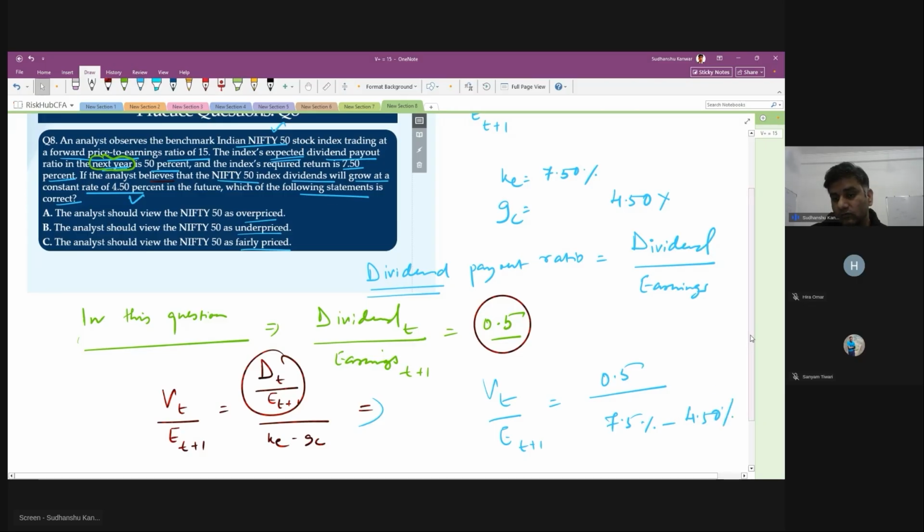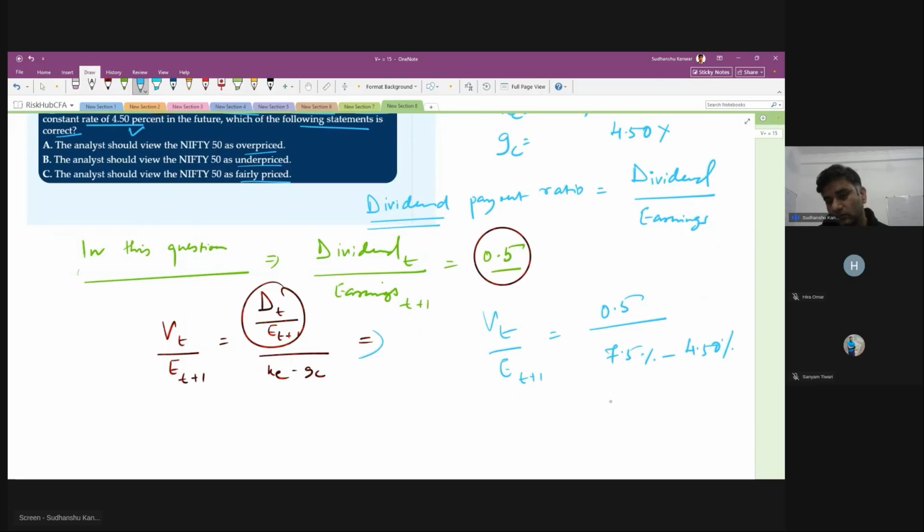If you solve this, 0.5 divided by 7.5 minus 4.5, the answer comes as 16.67. So the answer you got is 16.67.